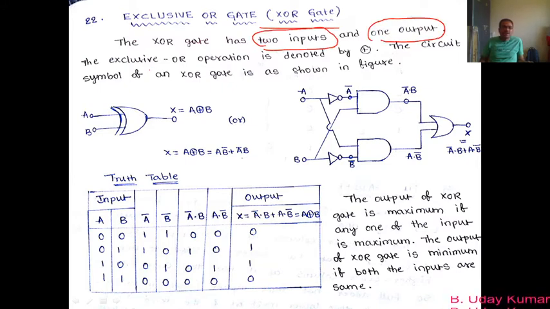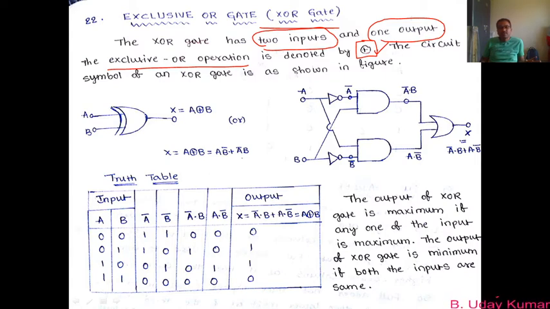The exclusive OR operation is denoted by a plus inside the circle. Can you see this one? In other words, the operation of the XOR gate is denoted by this symbol, a plus inside the circle.